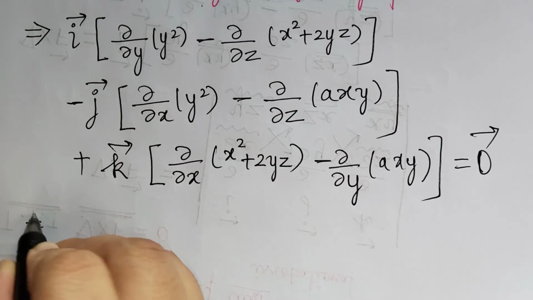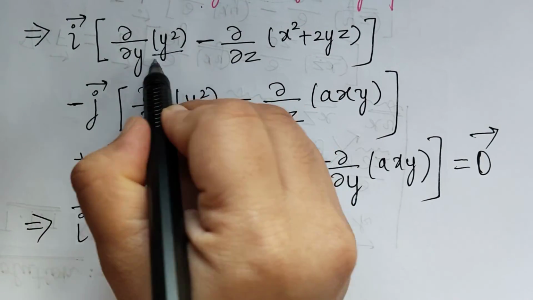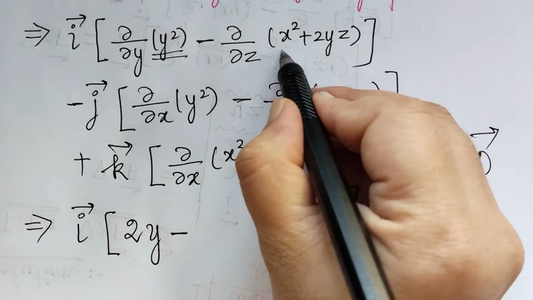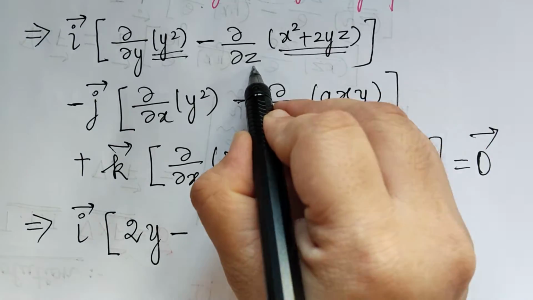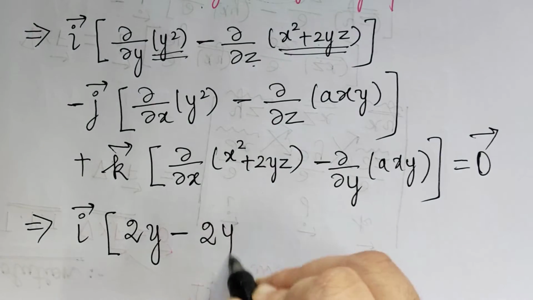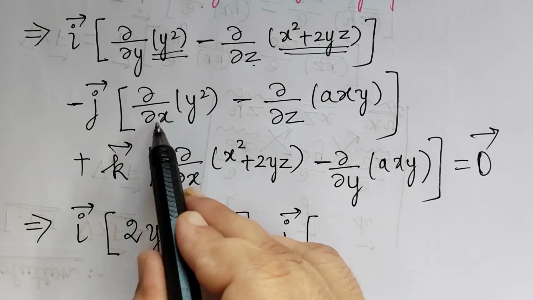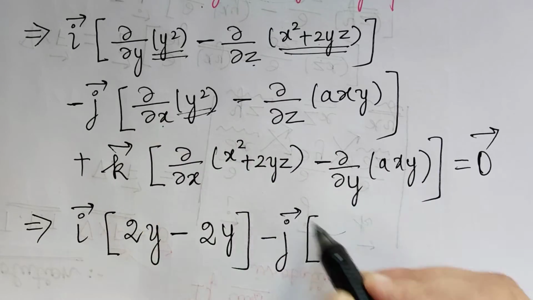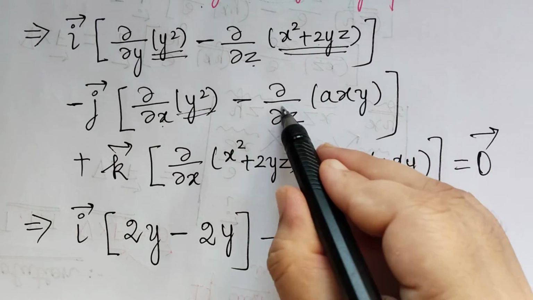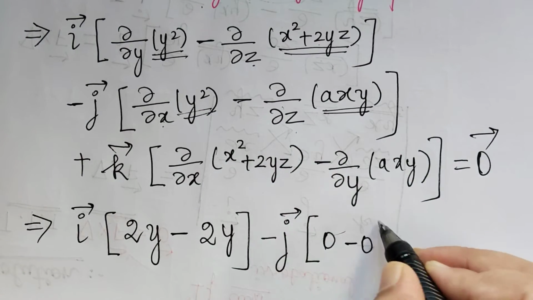And so from this, i vector multiplied with, what is the partial differentiation of this with respect to y? It is 2y, minus the partial differentiation of this with respect to z, which will be 0, and so you will have 2y over here. And then minus j vector multiplied with, here partial differentiation of this with respect to x, we do not have an x term, so it will be 0. And partial differentiation of this with respect to z, we do not have a z term, so this is also 0.